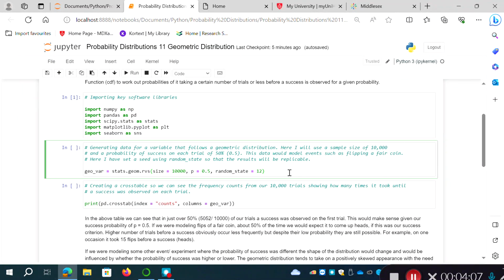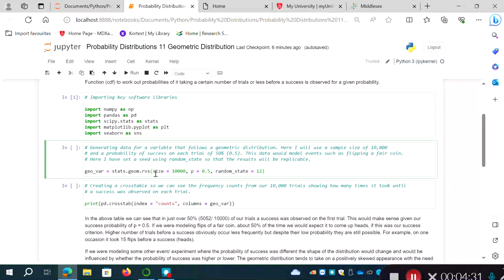So I'm also going to set a random seed so we can replicate these results. So I'm creating an object called geo_var, so geometric variable, setting that equal to stats.geom.rvs. So I'm using the geom method. So this is the geometric distribution, and the rvs, you've seen me use this before, the random variates method from SciPy.